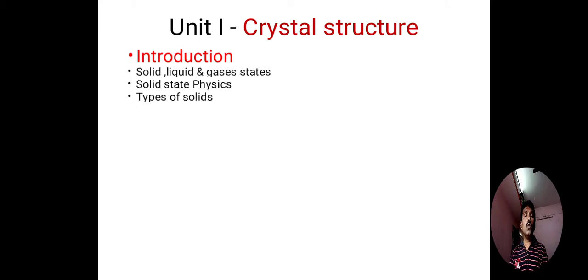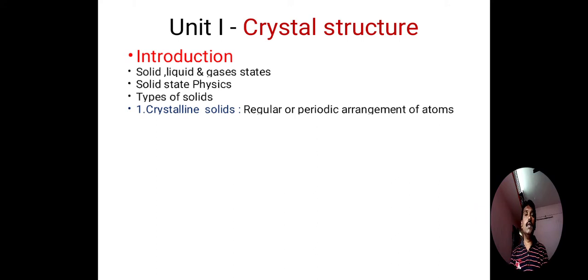Now, solids are of two types, and you are also aware of them: crystalline solids and non-crystalline solids. Crystalline solids have a regular or periodic arrangement of atoms.